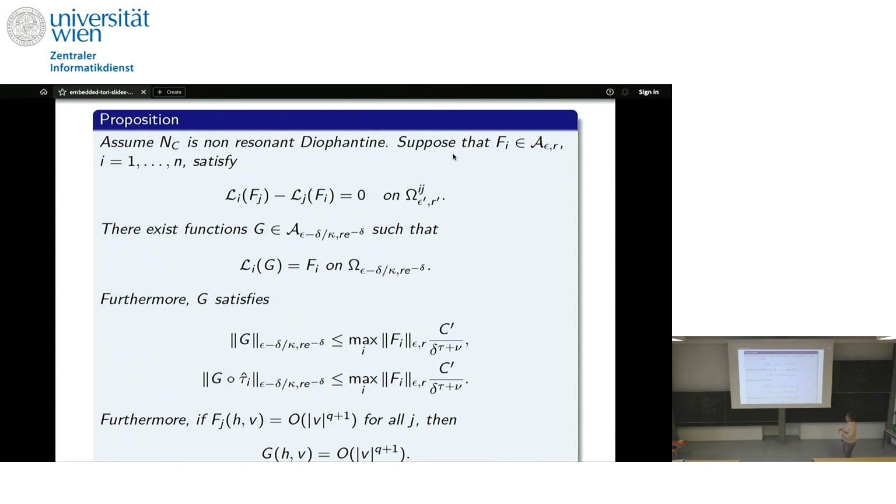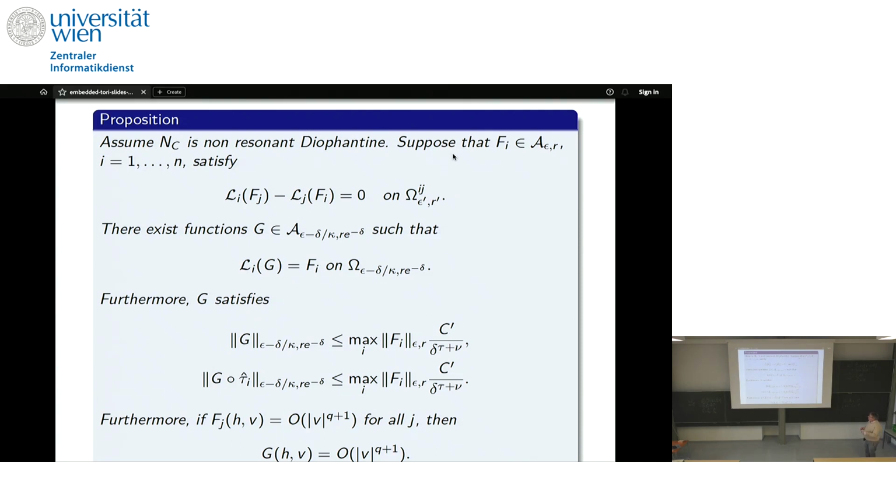So the kappa is a fixed number that is given by the geometry, as well as the nu. And there exists C prime. The constant here does not depend on the F. And yes, I think that's it.